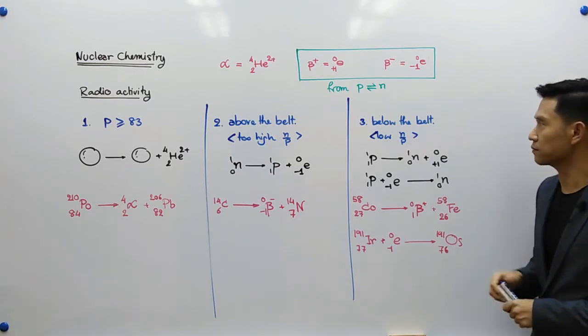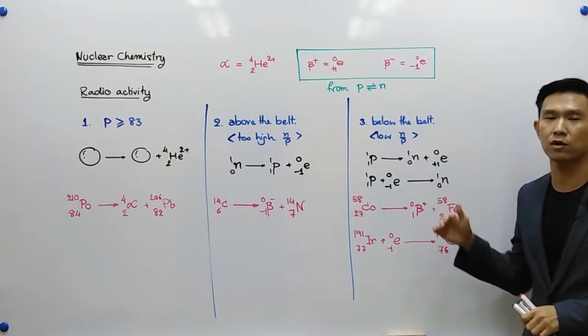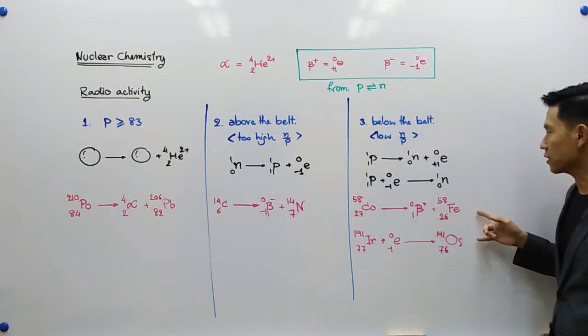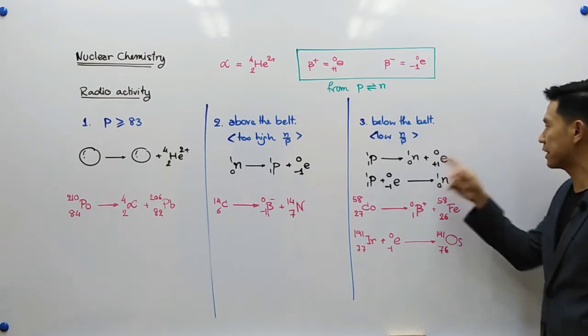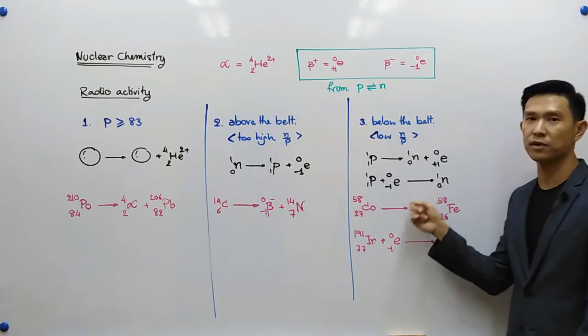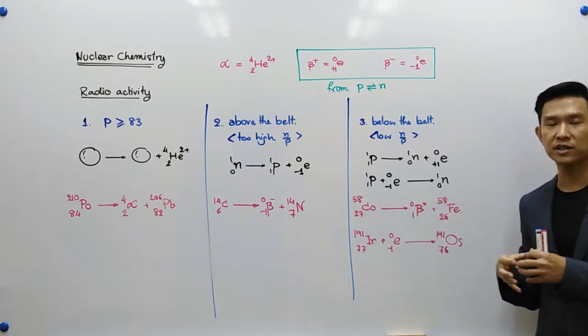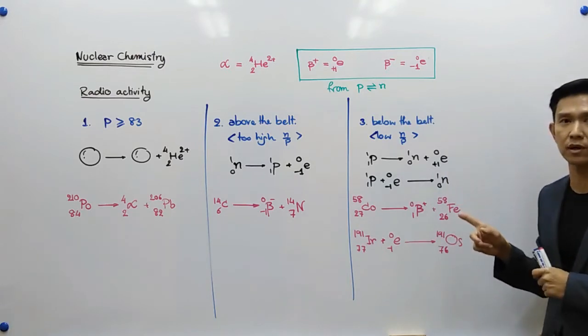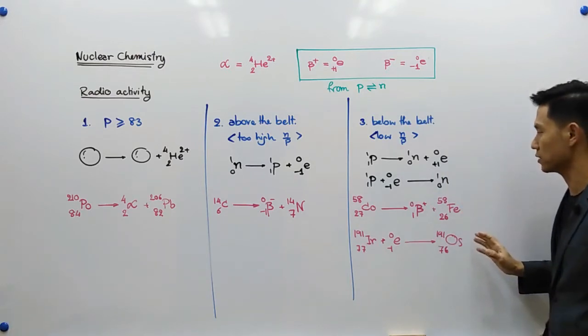So actually, if you have too low N over P, there are two alternatives, right? Subcategories. There are two alternatives. You can release a positron as a product, or you can have an electron captured by the nucleus. A proton in the nucleus captures one electron and transforms the proton itself to be a neutron. This is another possibility.